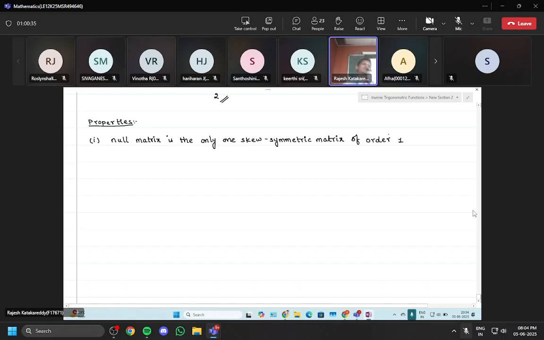If we are talking about order 1, null matrix is the only skew symmetric matrix. Second one, null matrix is the only matrix which is both symmetric and skew symmetric.